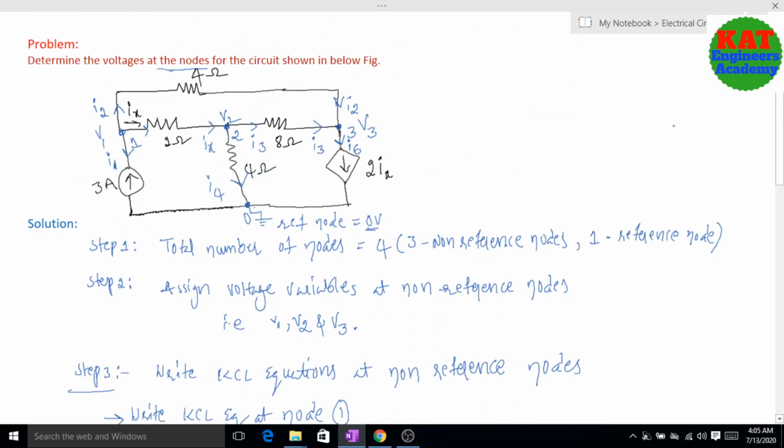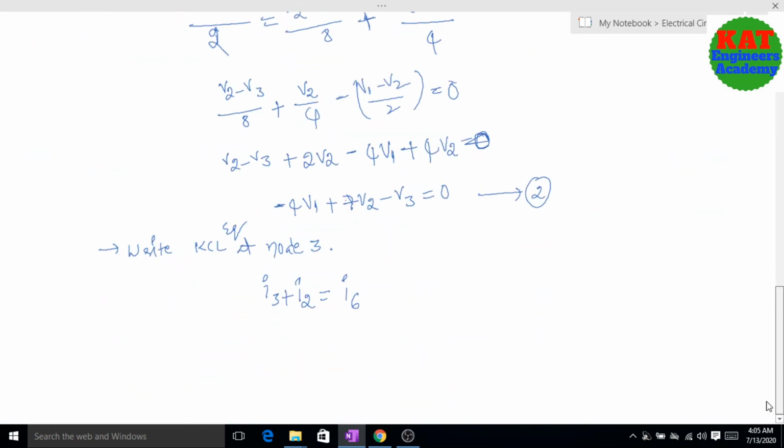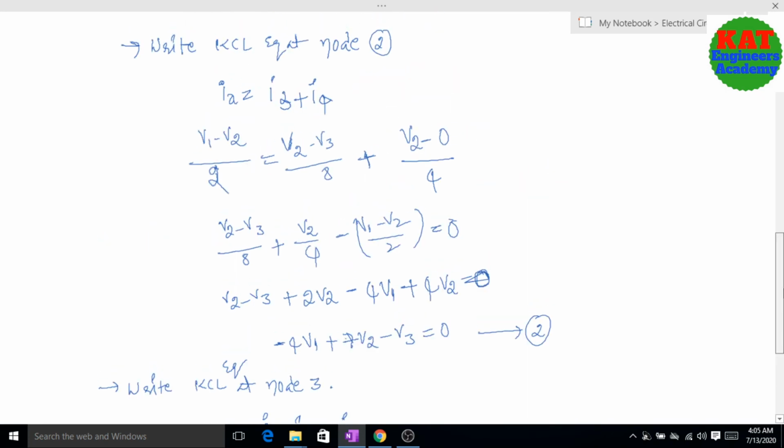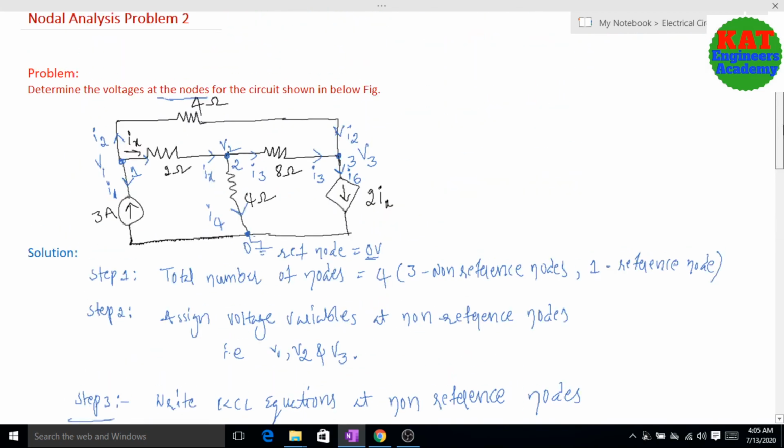Next, first, what is I3? I3 is nothing but V2 minus V3 by 8, because current flows from the higher potential V2 to V3. Next, I2.